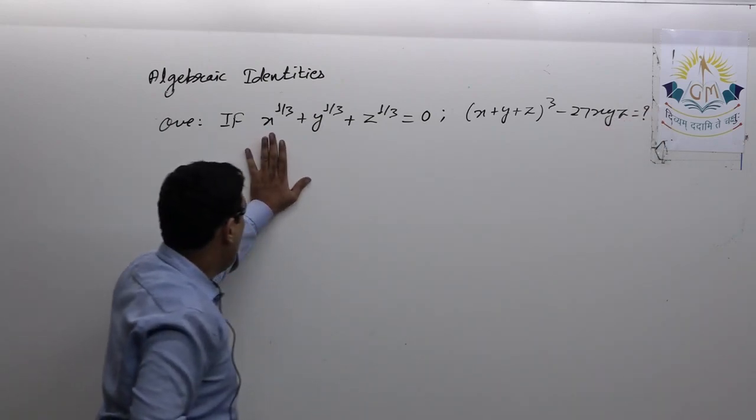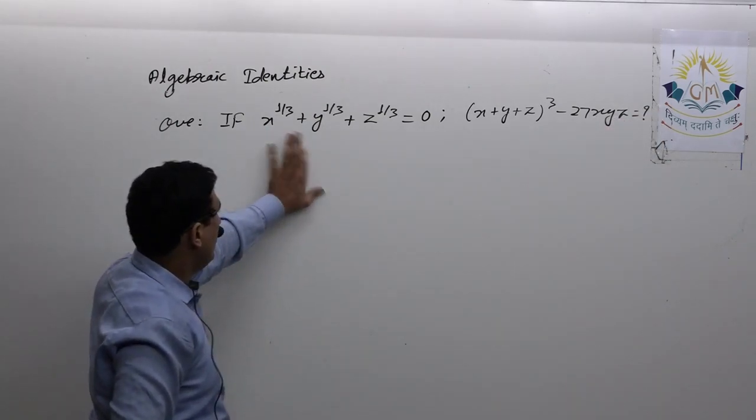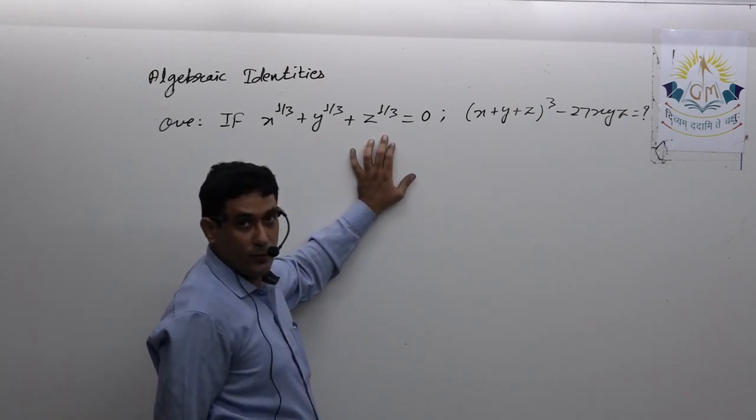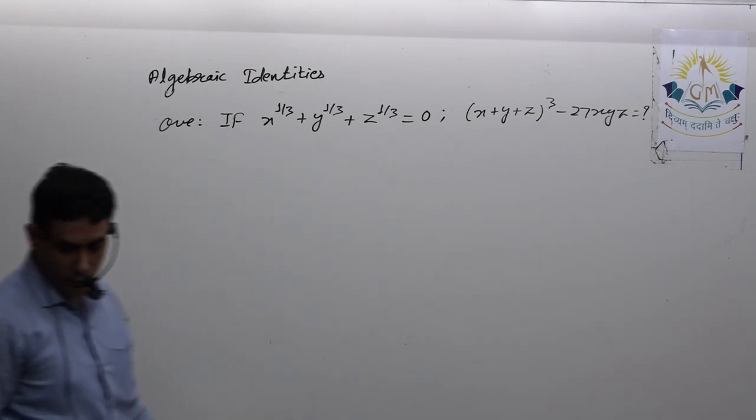It is given that x raised to 1 by 3 plus y raised to 1 by 3 plus z raised to 1 by 3 is equal to 0.